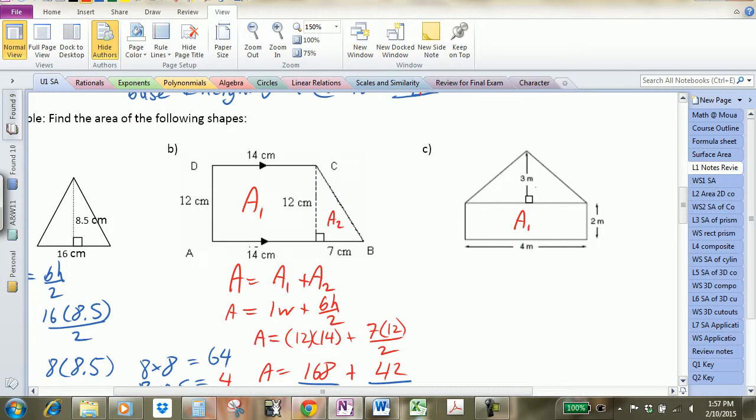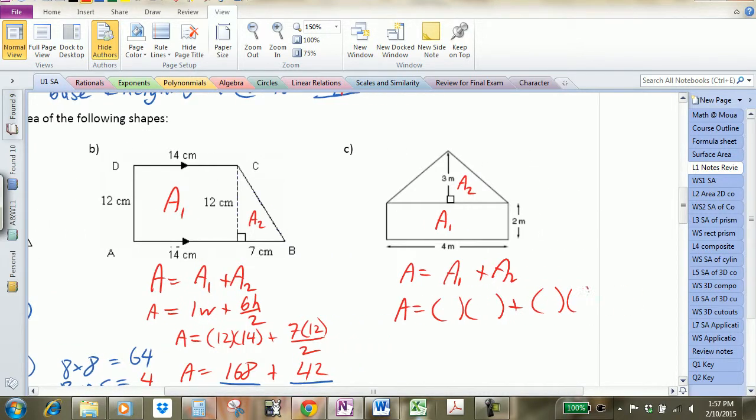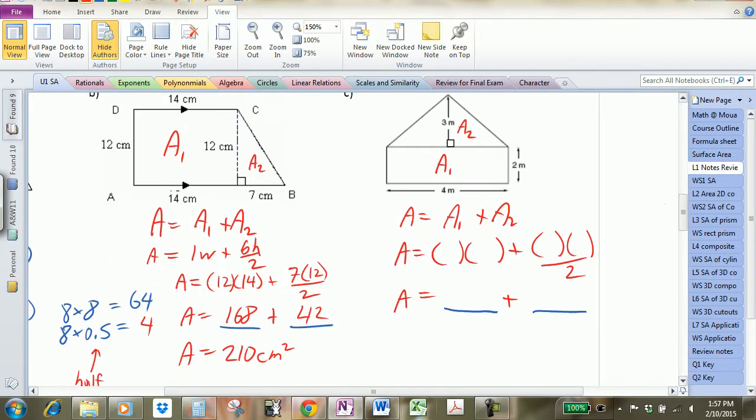Area 1 plus area 2. Alright, go ahead, finish it off.